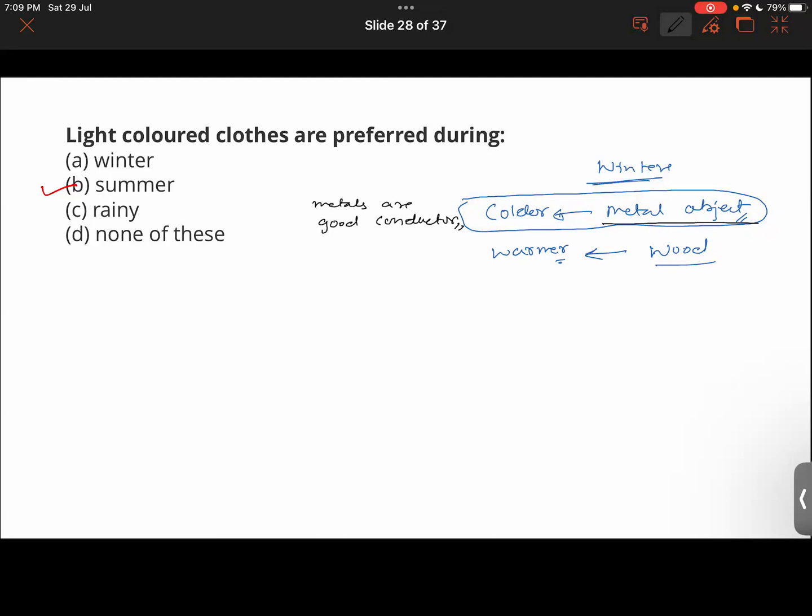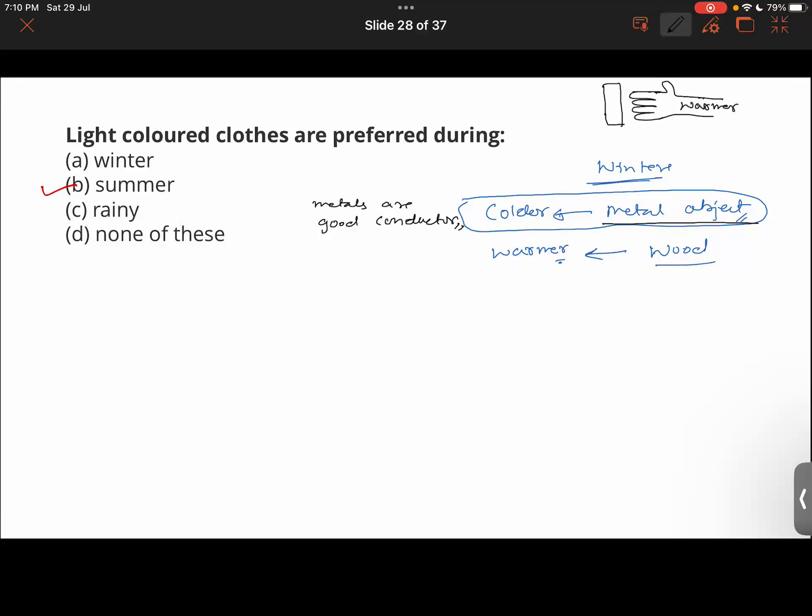Let's say this is a metal object and this is our hand. In comparison to this metal object, which is cold, our hand is warmer.